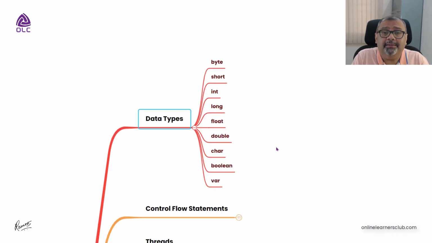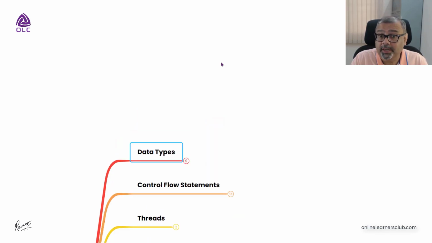There are different data types available in Java, including byte representing one single byte, or a short representing 2 bytes, and then we have int, like a 32-bit integer, and then you have long, you have float for real numbers, double, char, boolean, and var. So these are the different data types supported by Java, and these are the keywords.